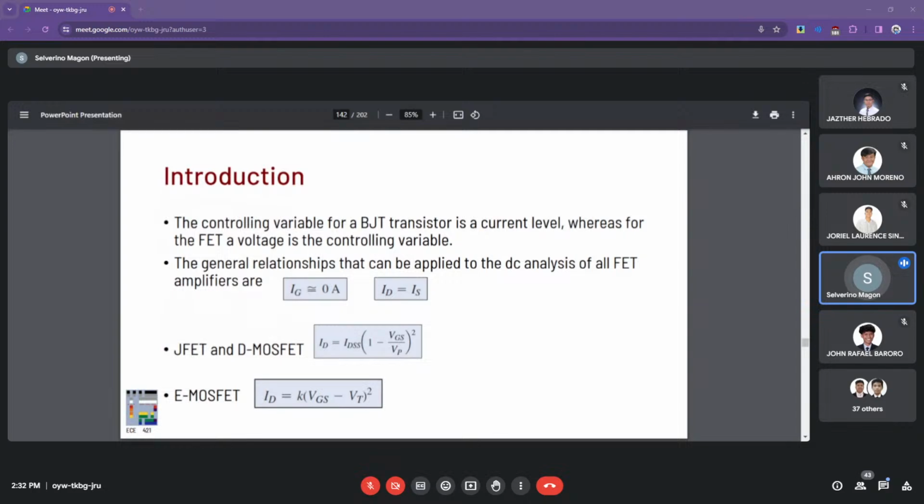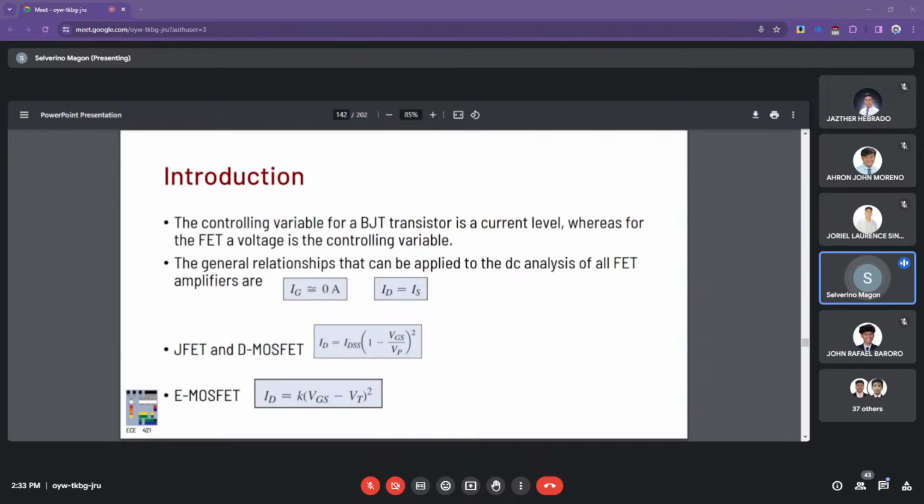And the current going through the drain is the same as the current going through the source. Shockley's equation applies for both JFETs and the depletion type MOSFET, but not for the enhancement type. That's something we need to recall every time we perform circuit analysis.